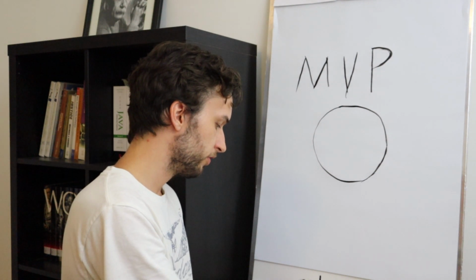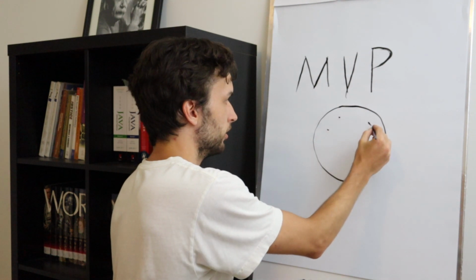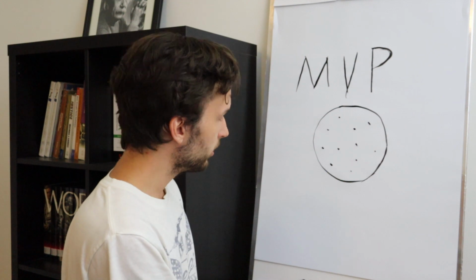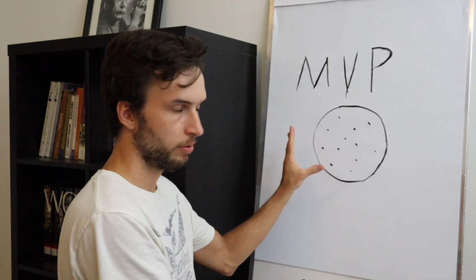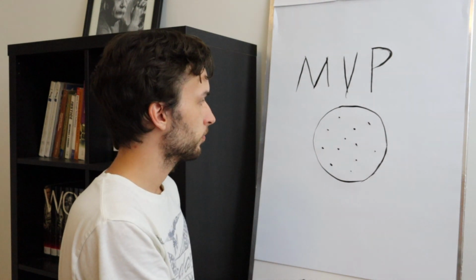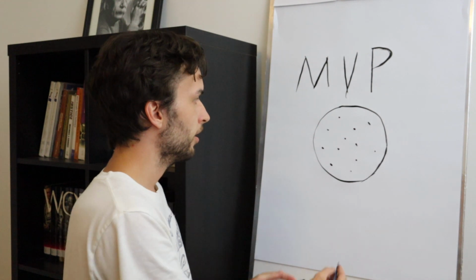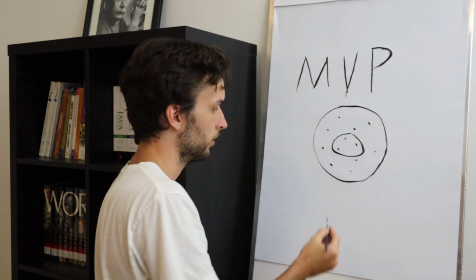So there are all these different features in here, and I'll just represent them as little dots. And then what is MVP? Well, MVP is a subset of all of the possible features that your app can have. So when I say minimum, I mean a subset. So maybe it's these guys right here.